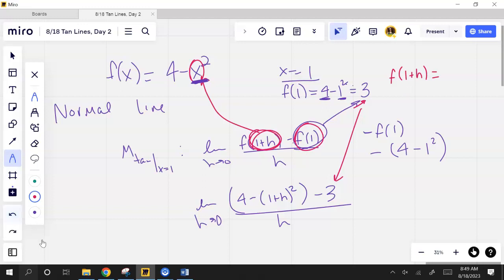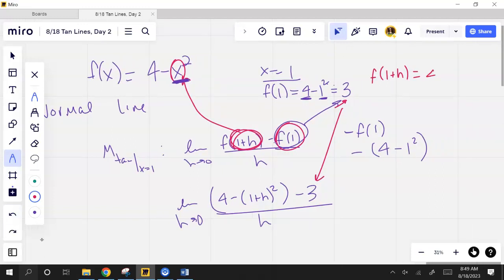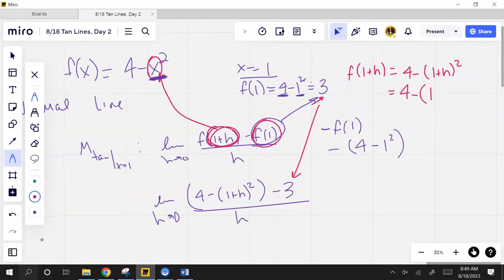So if I did that here, I'd get 4 minus 1 plus h squared, which is 4 minus, and I'm just going to work inside this little FOIL part of this problem first. 1 plus, together and doubled is 2h plus h squared. Now that minus has to distribute through, right? Because I'm subtracting that whole function.